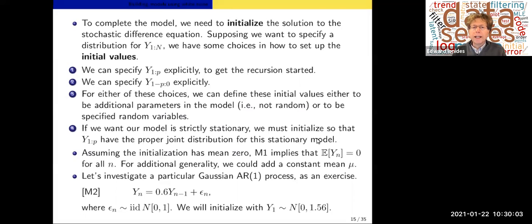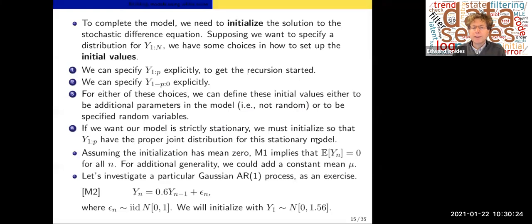In the model we wrote down, M1, if we want a stationary mean, then we better start with mean 0, and then that's going to be preserved by those equations. We can also think about what the initial variance would have to be to be stationary.